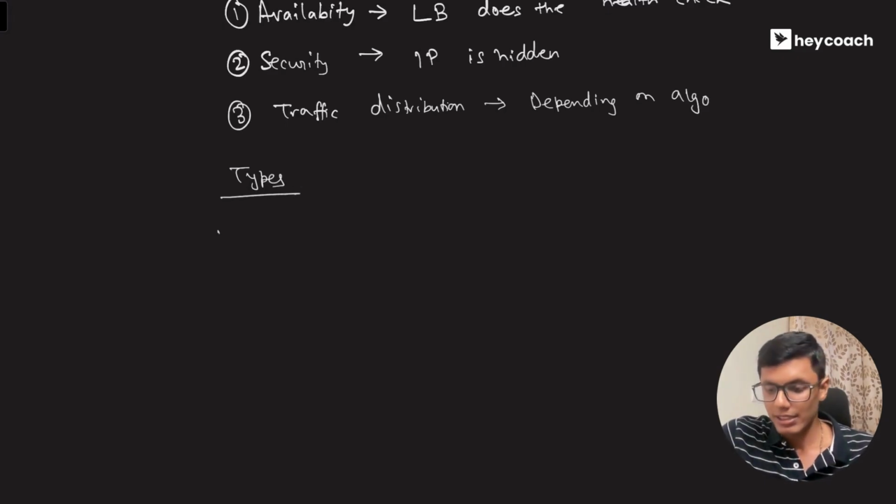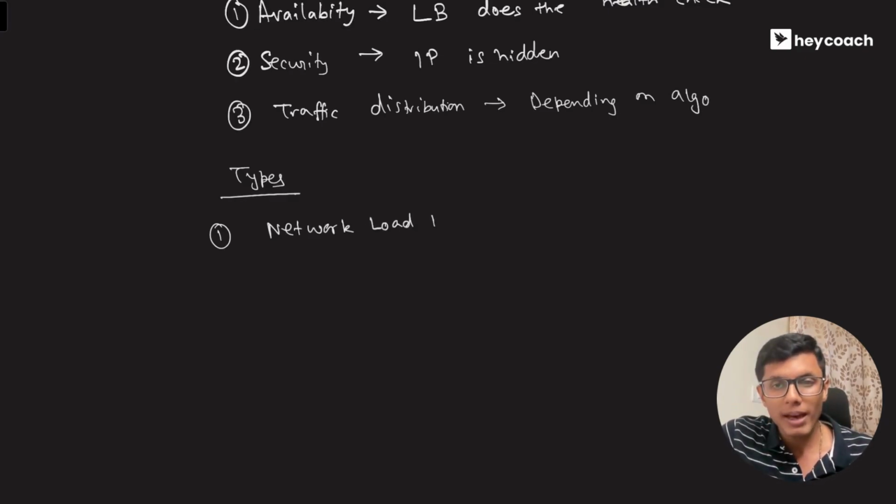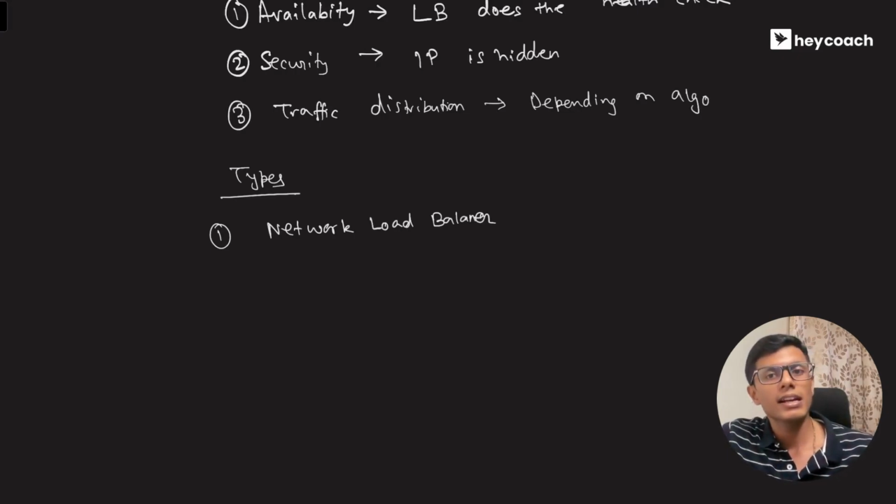Okay, now we'll see what the types of load balancers are, right? The first one is the network load balancer. The network load balancer works on the network layer of the OSI model, and it works only on the IP and the port.